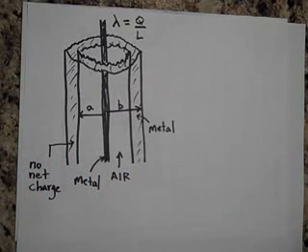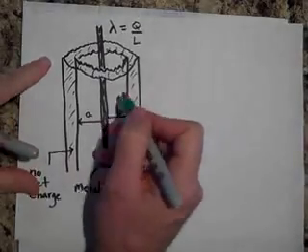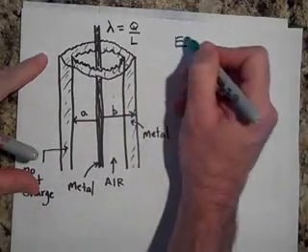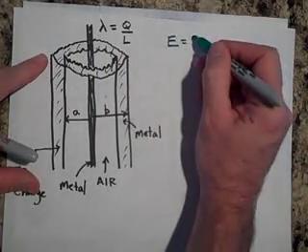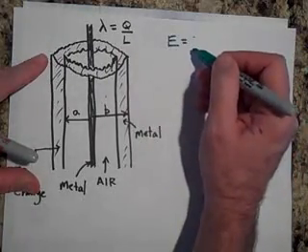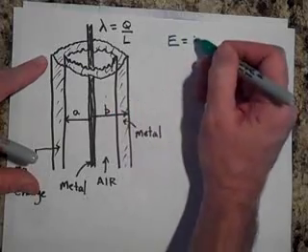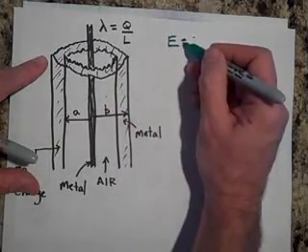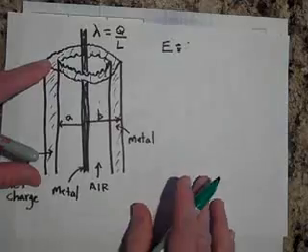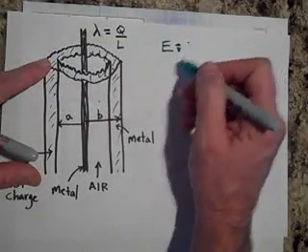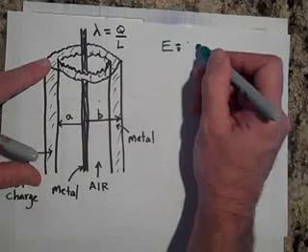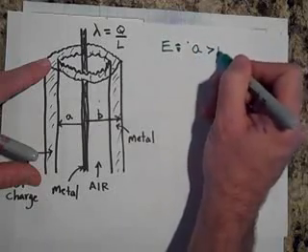Okay, so let's figure out then how you'd get the electric field, say right here. The electric field at r, where r is less than a.